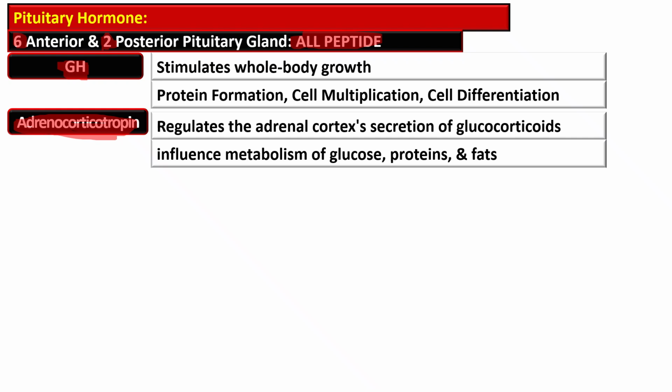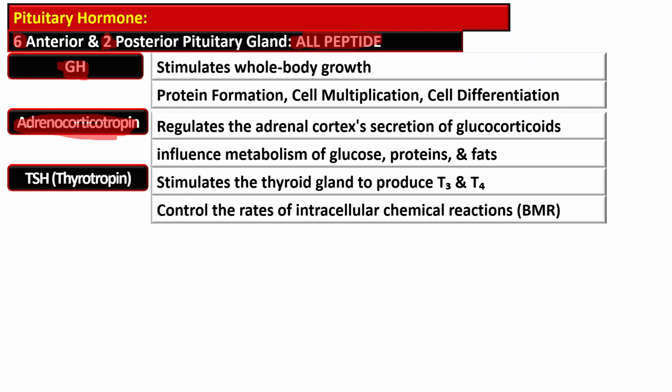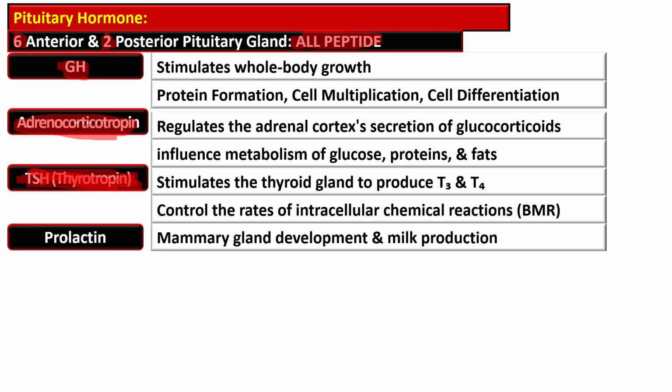It influences the metabolism of glucose, protein, and fats. Thyrotropin or thyroid stimulating hormone stimulates the thyroid gland to produce T3 and T4 and controls the rate of intracellular chemical reactions, which determines the basic metabolic rate.